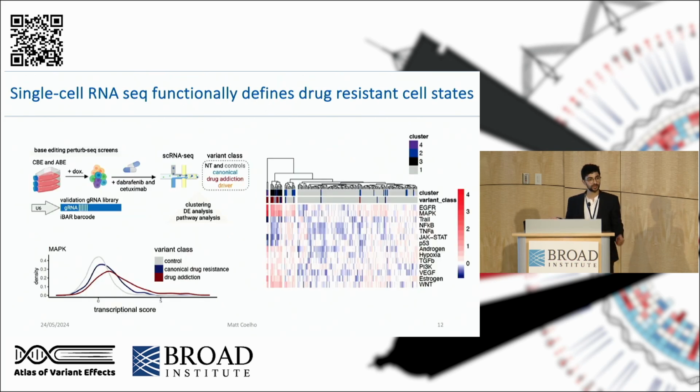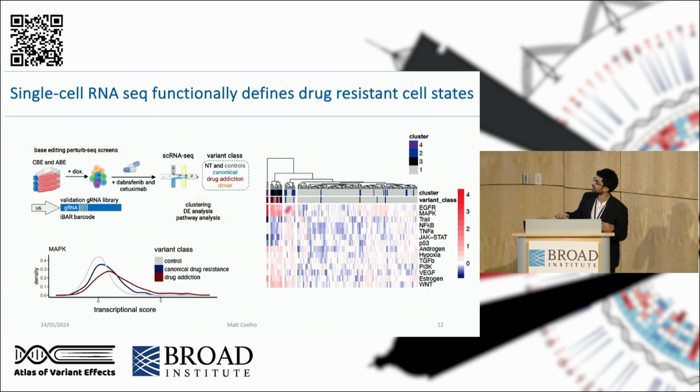So we can do that on a proliferation basis, but then we validated some of these guides using single-cell RNA sequencing with a perturb-seq approach. And you can see here that actually quite satisfyingly, we're seeing the same clustering by phenotype with the proliferation screens that we see with the transcriptomics. So the drug addiction mutations are clustering with this pathway overactivation in the MAP kinase and EGFR signaling.